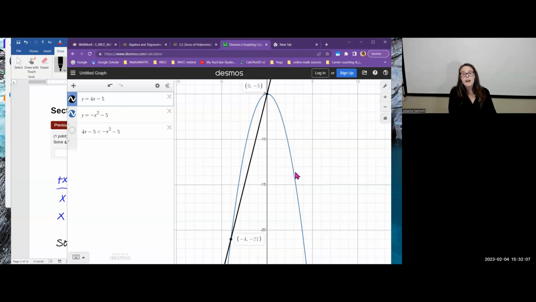So between the values of -4 and 0, the line is below the parabola. But outside of that range, it is not below the parabola. And when I graph the solution, you'll see that it fits within this band. So these are the values of x that will force the line below the parabola. And that's basically what we're doing.